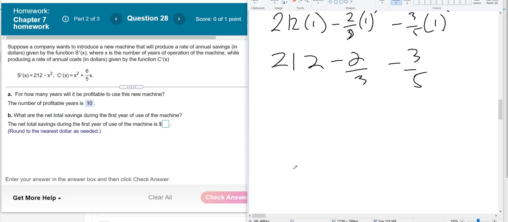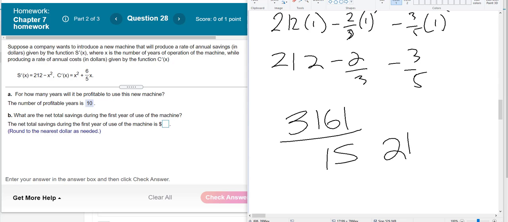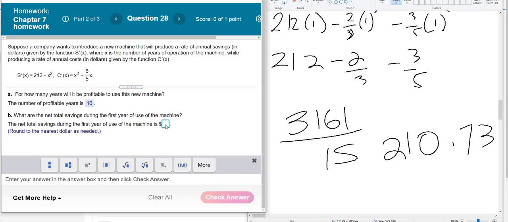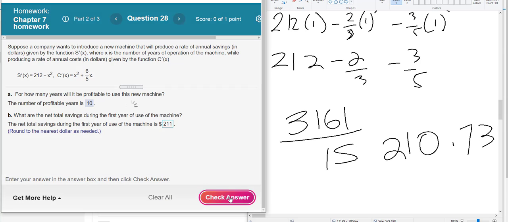So 212 minus 2 fraction key 3 minus 3 fraction key 5 is 3161 over 15. And if I divide that, 3161 divided by 15, I get $210.73, so $211 is how much we would save in the first year.